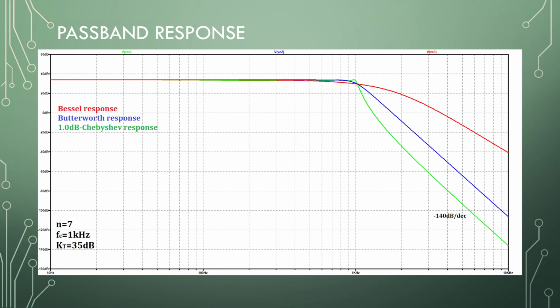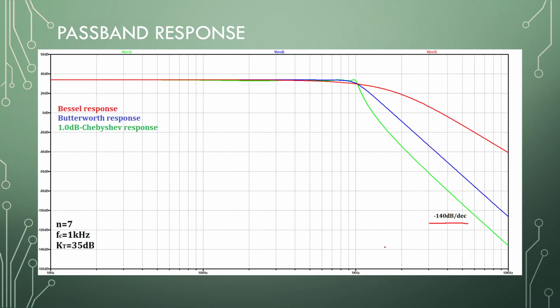The Butterworth, you can see, is right in between the two, even here at the -3 dB point. Right, and it tries to maximize the passband. Right, the Chebyshev, you'll see that there is a bit of a rise, and then it cuts off really sharp, and then it follows the -140 decibels per decade.